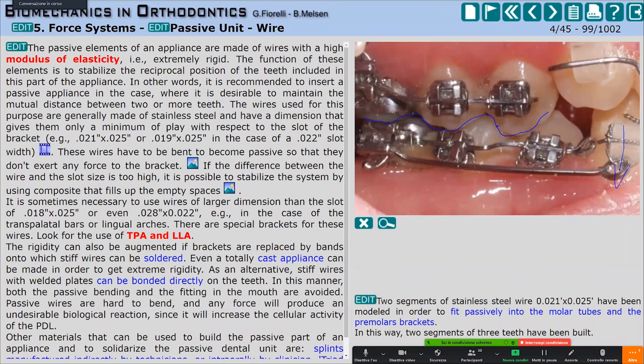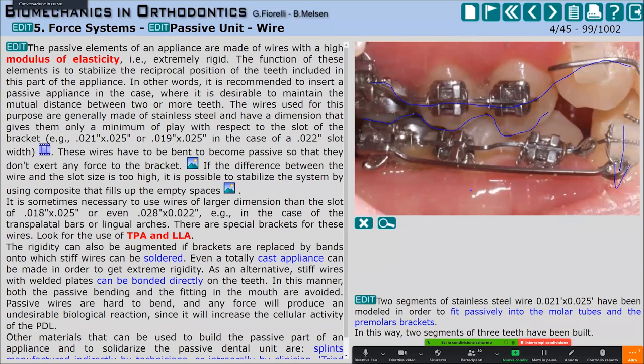So that's why I need to solidarize these teeth and consider them as a reactive unit. So I don't want to have a wire that is going to align those teeth here, because 1 month later, 2 months later, you would see that the occlusion is gone. And I don't want to see this.